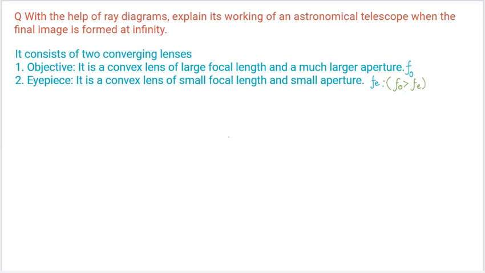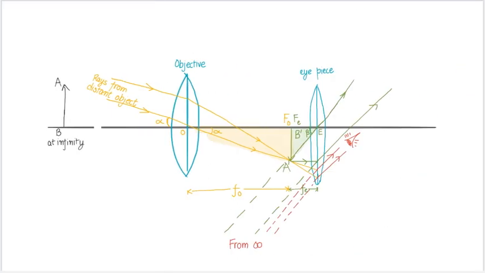The eyepiece has a focal length Fe, which is small compared to your objective. So the focal length of the objective is greater than the focal length of the eyepiece. Apart from a small focal length, it also has a small aperture, meaning the thickness of the eyepiece is also small.